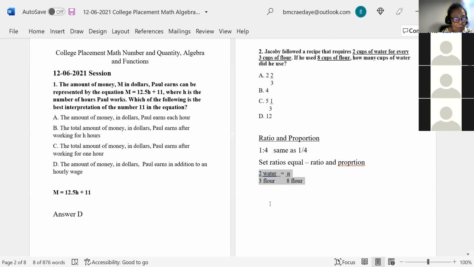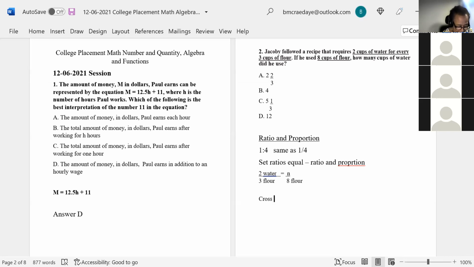Now, Alva, we solved this. What do we call this when we multiply numerator times denominator and numerator times denominator? We have a ratio and we want to solve it. We call that cross what?